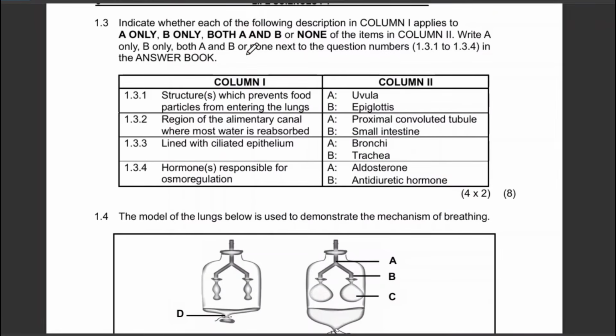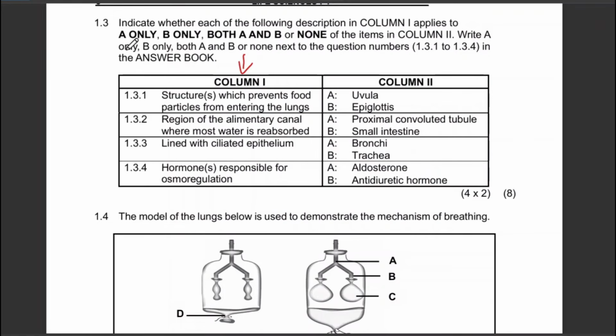Now, you've got descriptions given to you in column 1 and 2 options given to you per description in column 2. Now, you need to indicate if only one of the options is correct, or both of them are correct, or none of the options given to you are correct for that particular statement. This is very important.